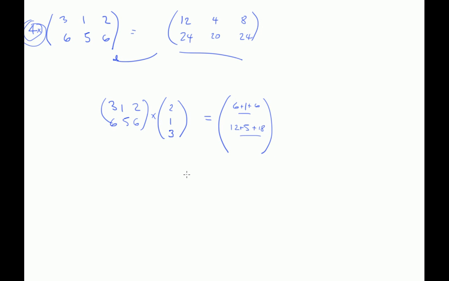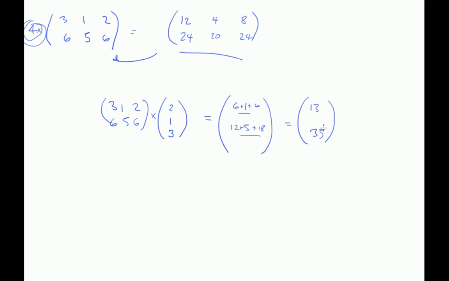So we end up with a two row, single column matrix. Okay, so 6 plus 1 plus 6 is 13, 12 plus 5 plus 18 is 35.